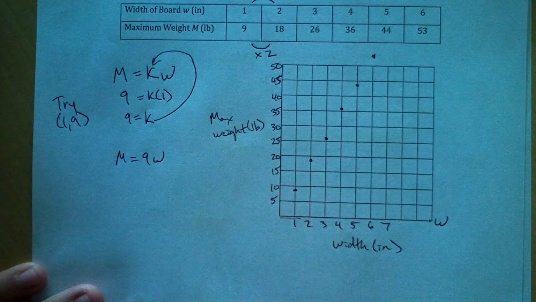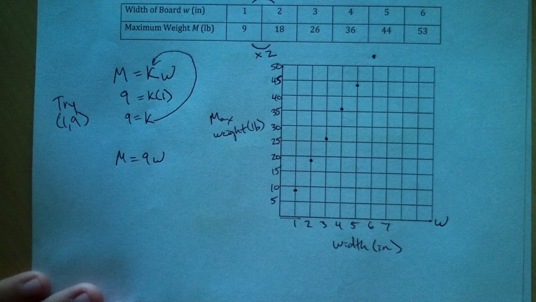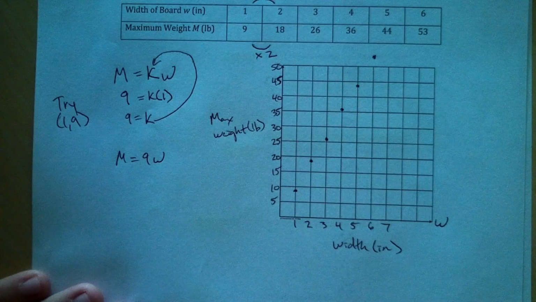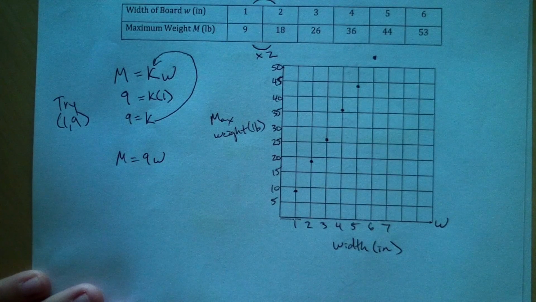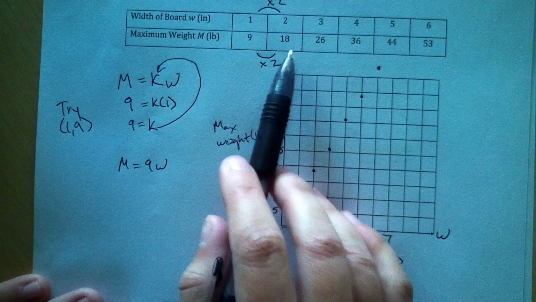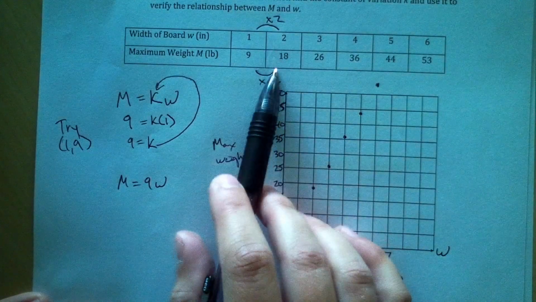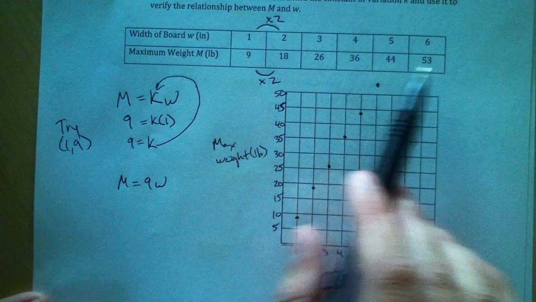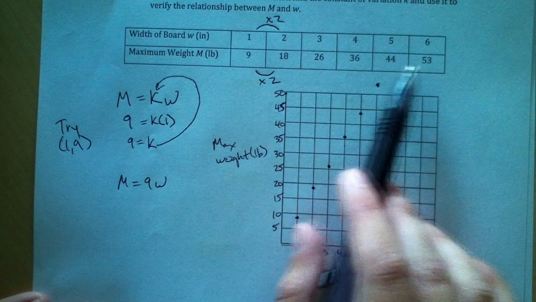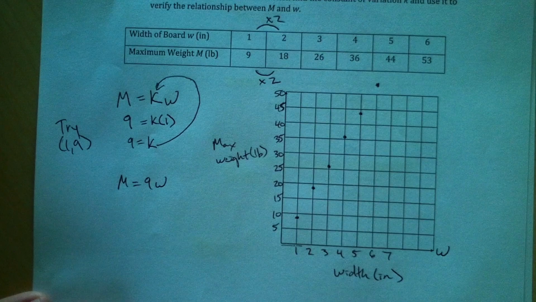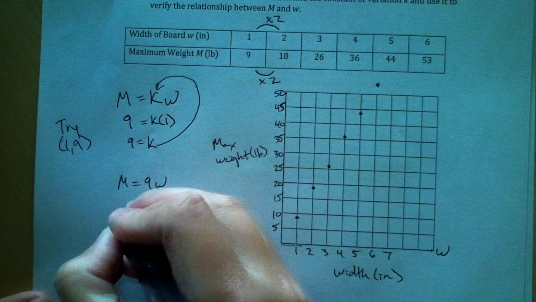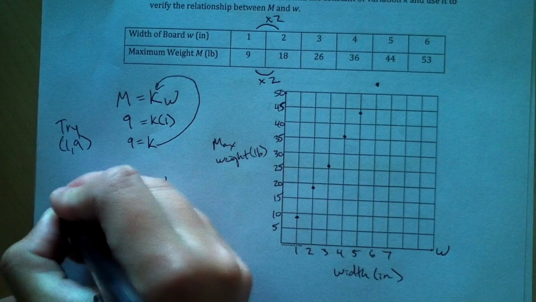So m is equal to, I always plug in our x value and see what it kicks out. So it'd be 9 times 4 for the w. What is 9 times 4? 36. Did that work out like we needed it to? Yeah, it did. Is that a good equation for us? Yep, absolutely. You could write it as m is equal to 9w.